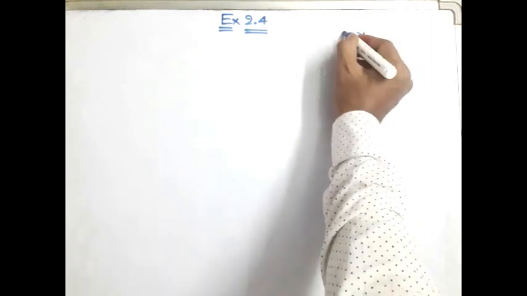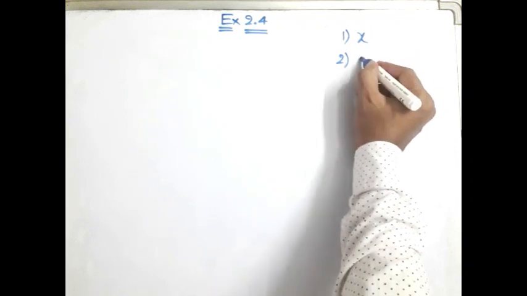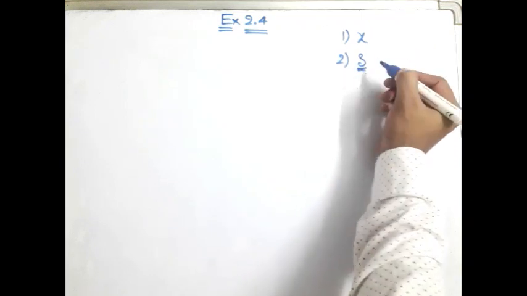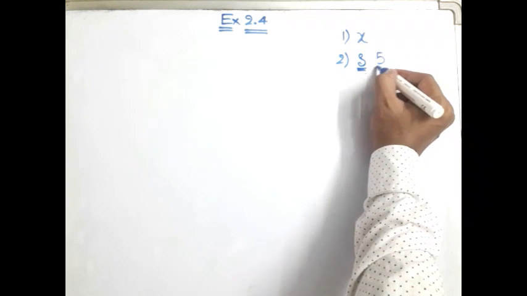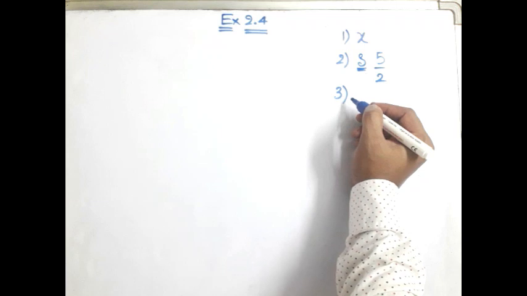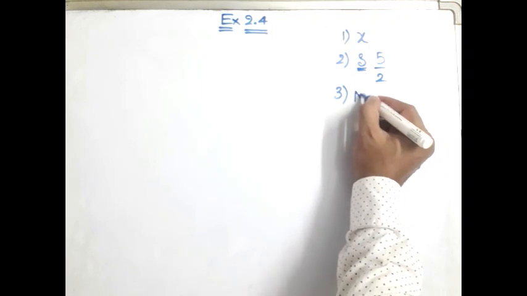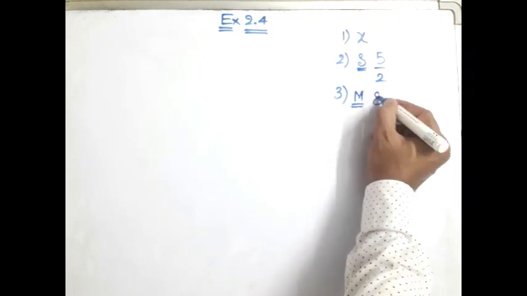In the first step, you will take a number, and in the second step, from this you will subtract, I'm just using the shortcut, 5 by 2. In the third step, she multiplies the result. By doing this, you will get a result and that will be multiplied by 8.